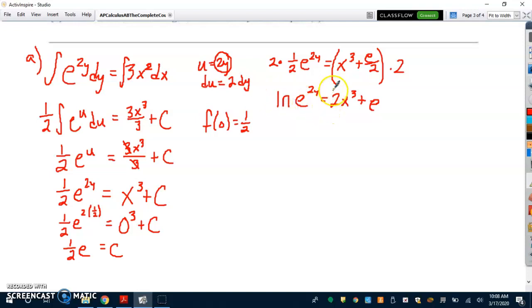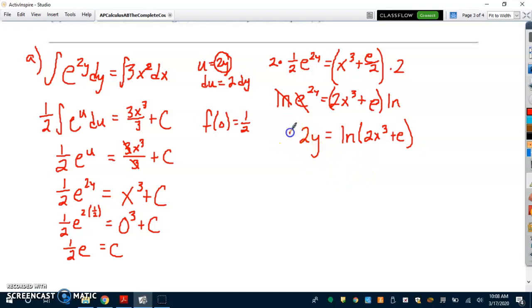Okay, well, this is going to cancel, so I'm left with 2y, and I've got the natural log of 2x cubed plus e. And then I'm going to divide both sides by 2.